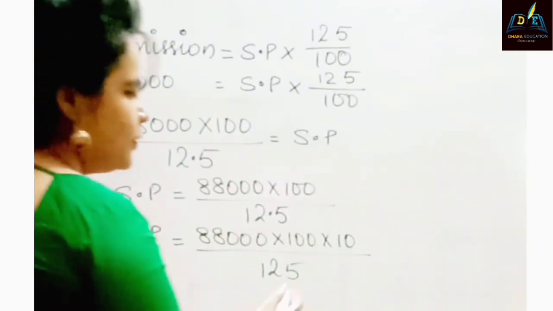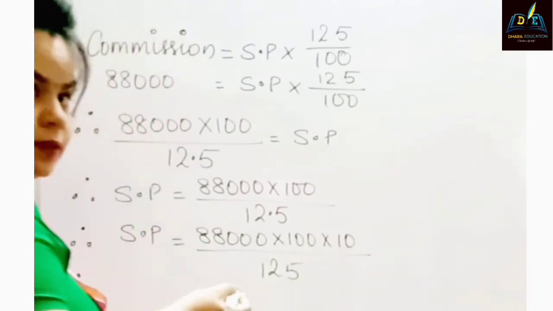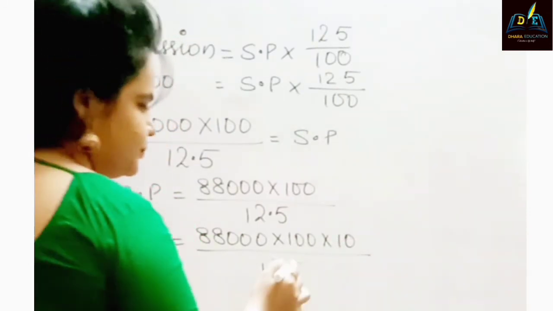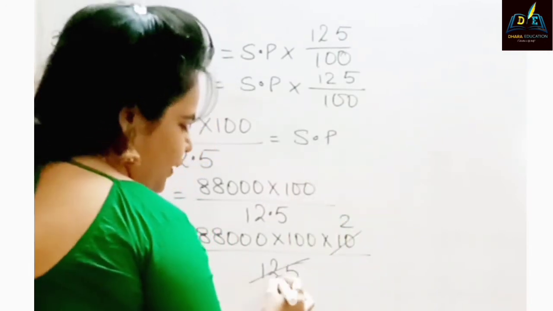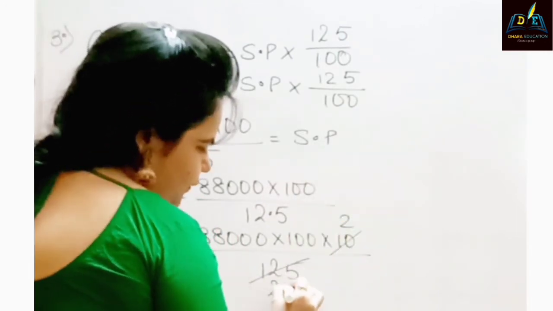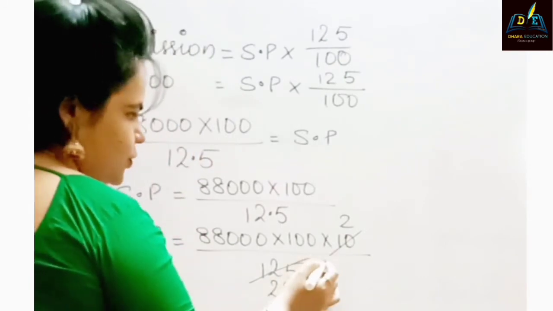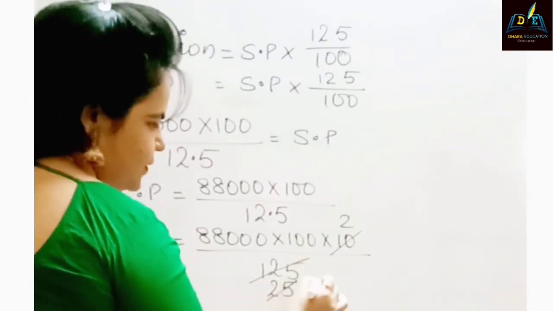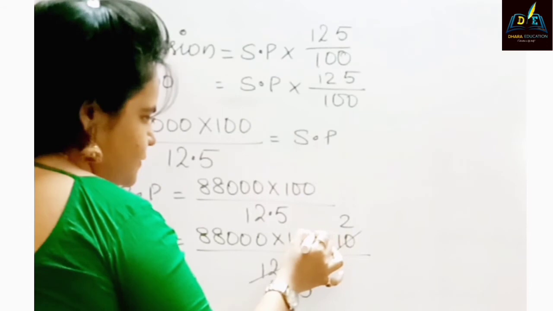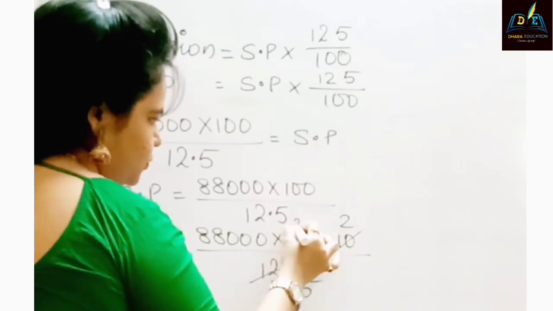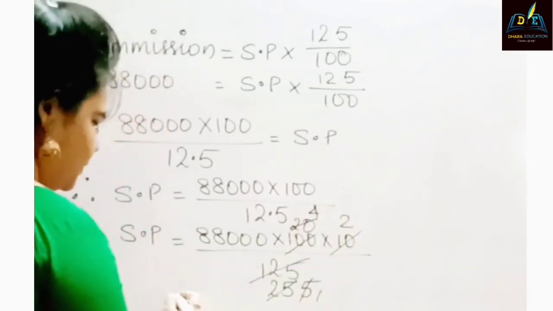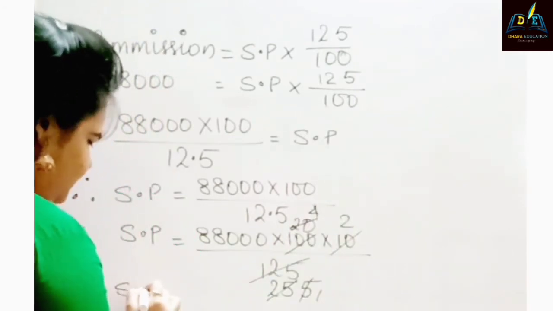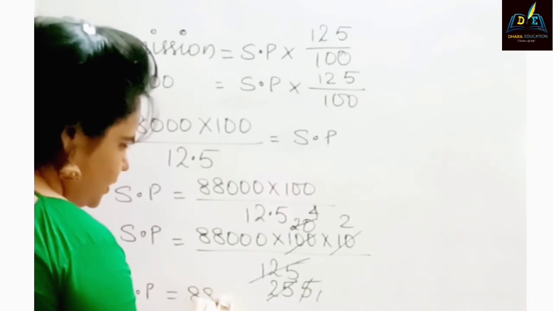Now we need the 5 table: 5 2s are 10, 5 5s are 25, 5 4s are 20. Therefore SP is equal to 88,000.